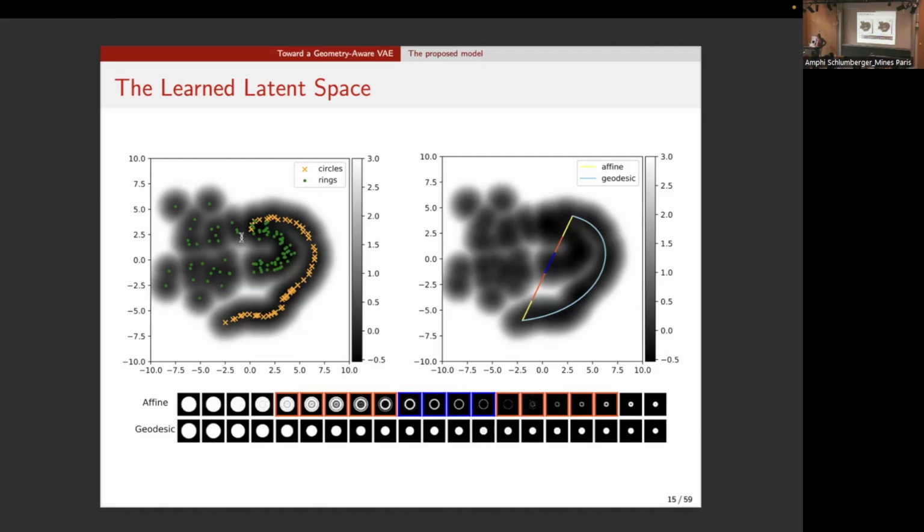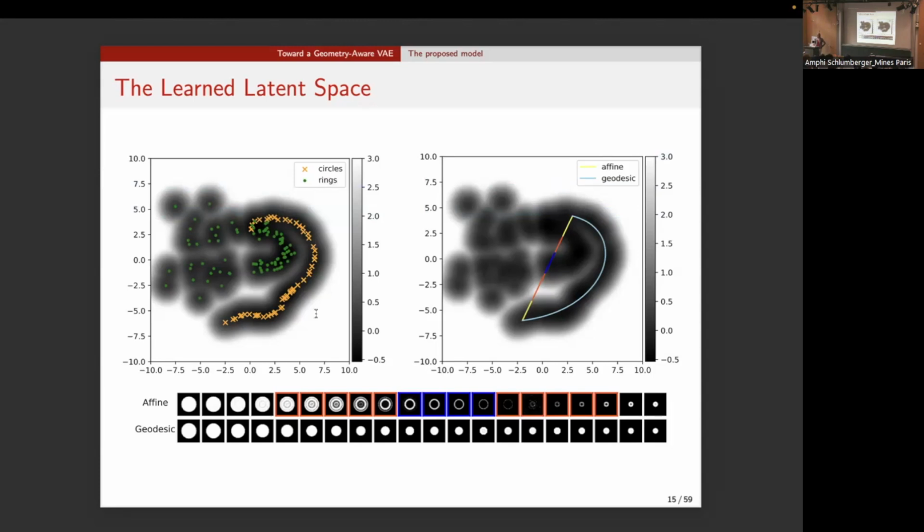If you look here, we had rings and circles. We chose a 2-dimensional latent space here, so easy to represent. And these are the encodings. As I said, the circles are living on the 1-dimensional manifold. This ear that you have here, I don't know what an ear shape is, but still, this is still a line.